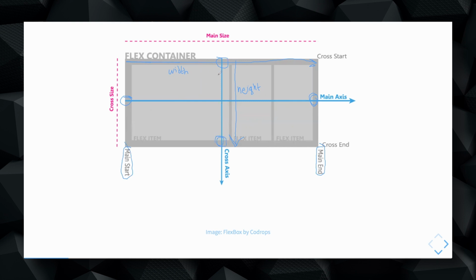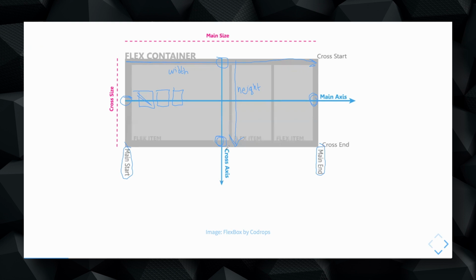So we not only have a system of coordinates, but also starting and end points that can help us not only position elements, but also keep in mind the direction of each axis. So we can say, I want you to start positioning elements on the main axis, starting from the main start. So starting from here. It's a point of reference which we can use to give instructions to CSS.